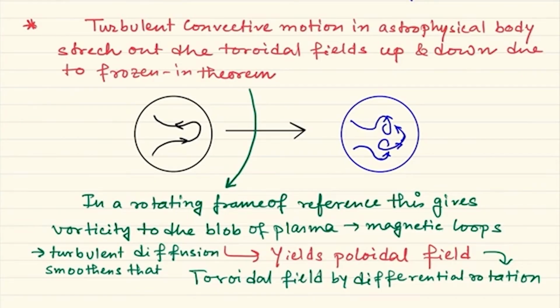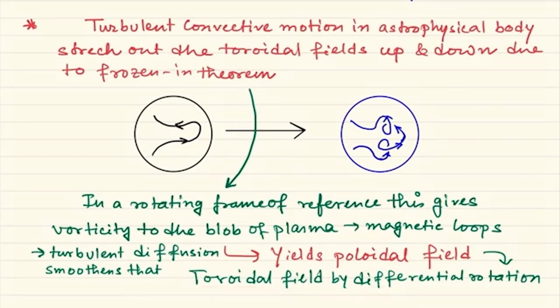So by helical turbulence, toroidal fields can give rise to poloidal field. And again, if the system has a differential rotation, as we can see in the sun, then again these poloidal field lines are stretched to give again toroidal fields by differential rotation.